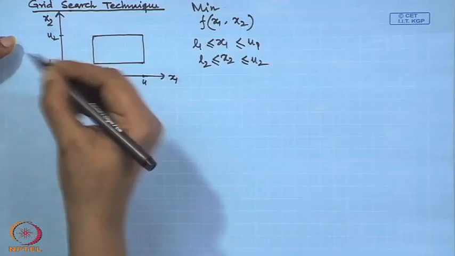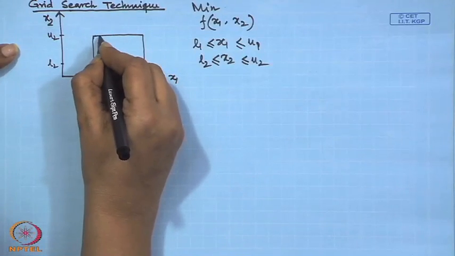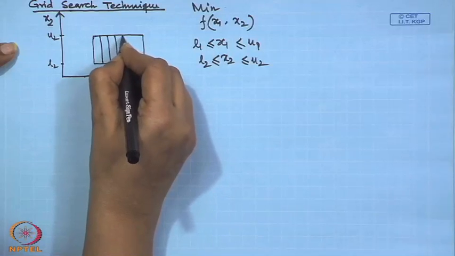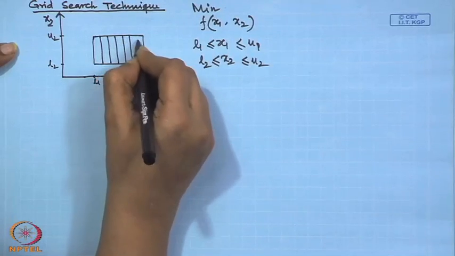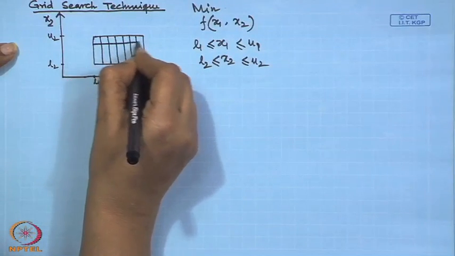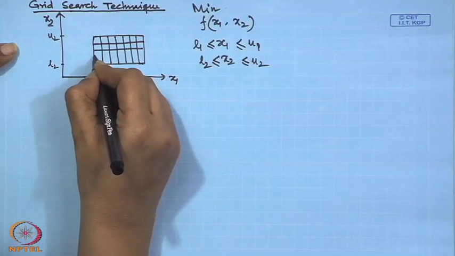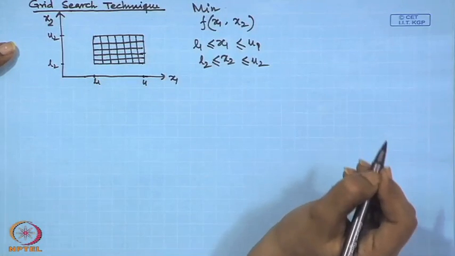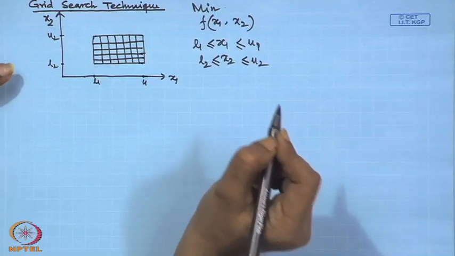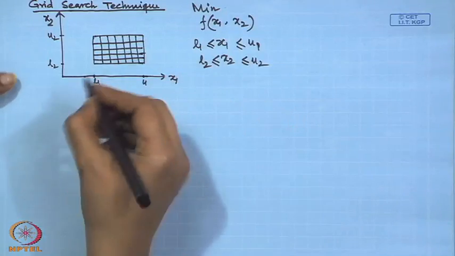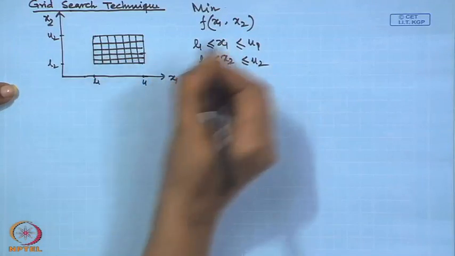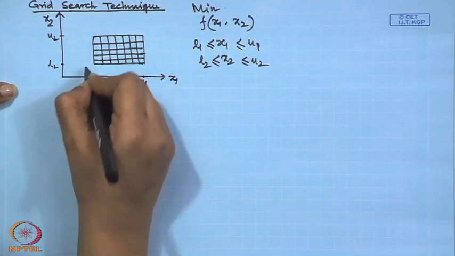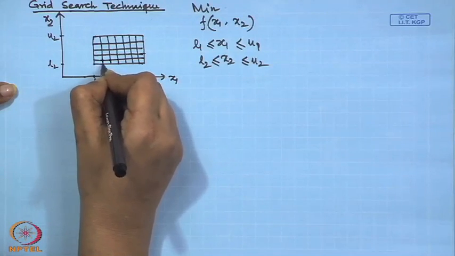What the method does is it just partitions the whole region into several grid points. These are the grid points we are considering. The more grid points we consider, the better result we will get. After that, we will find the functional value at each and every grid point, starting from here.